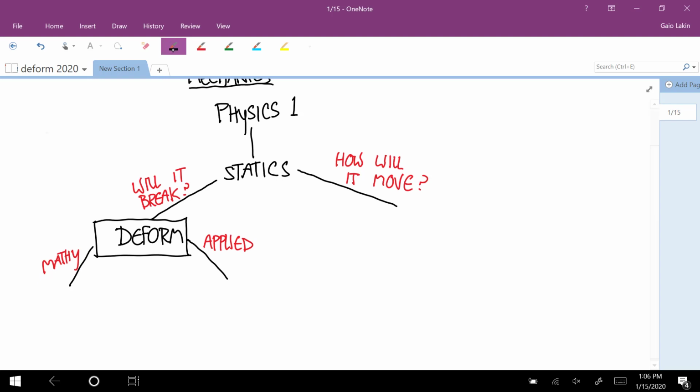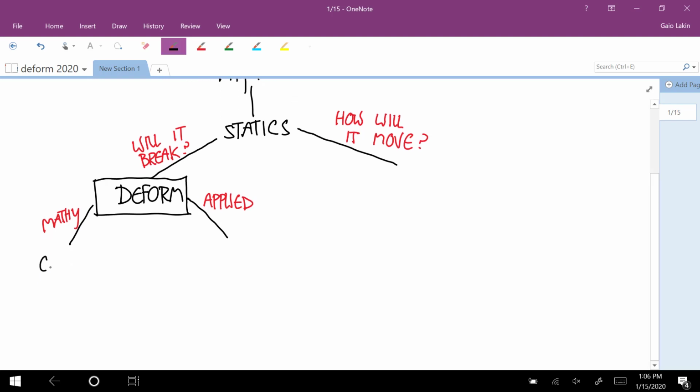The mathy direction is continuum mechanics. And then after continuum mechanics, you take more and more continuum mechanics, and it just gets mathier and mathier, partial differential equations all over the place.